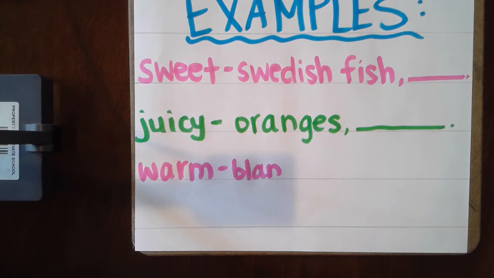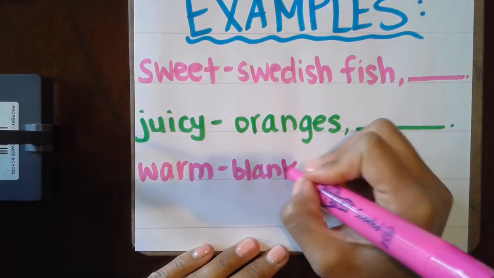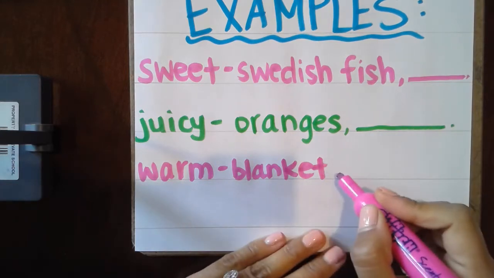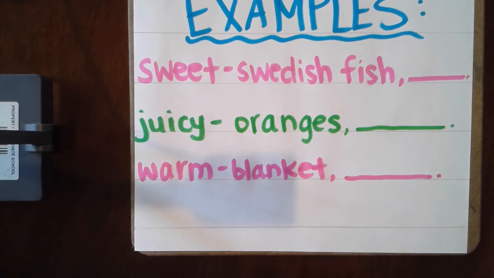What does warm remind you of? You write your example next to my example of fuzzy blanket on the anchor chart. We'll write that together. So like I was saying, warm reminds me of blankets. I already started writing it. Blanket, fuzzy blanket. You write an example on yours. What does warm remind you of?